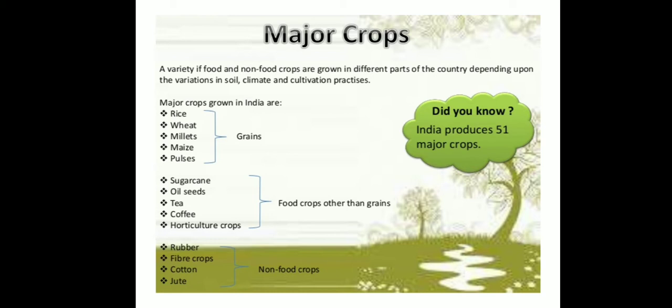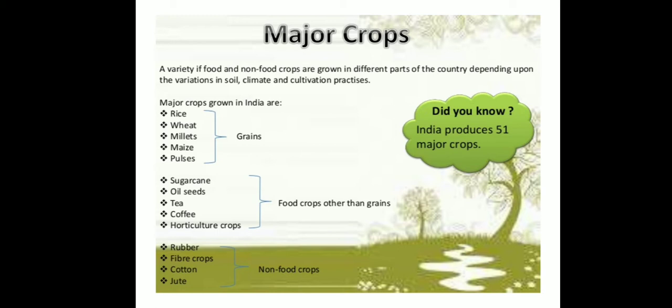Here what they are saying is that a variety of food and non-food crops are grown in different parts of our country depending upon which type of soil it is, what climate it is, and how they are cultivated. Major crops grown in India are rice, wheat, millet, maize, and pulses.